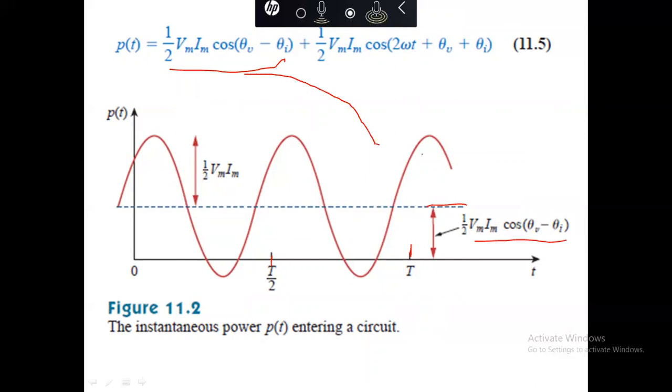That will shift this from 0 up to this part, this blue line part. The amplitude and peak are given by this relationship.